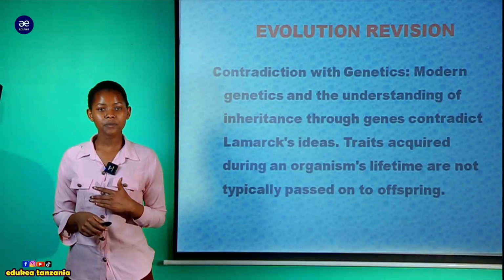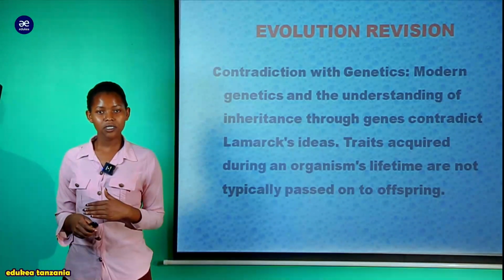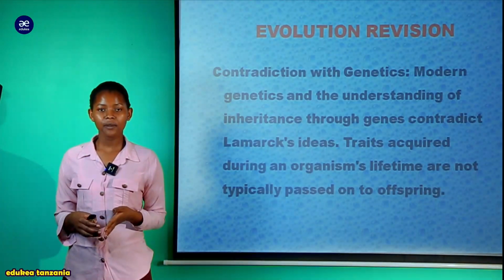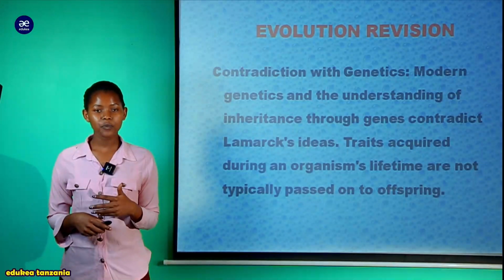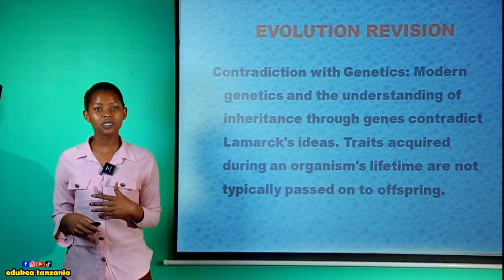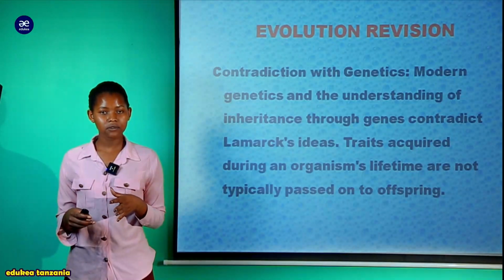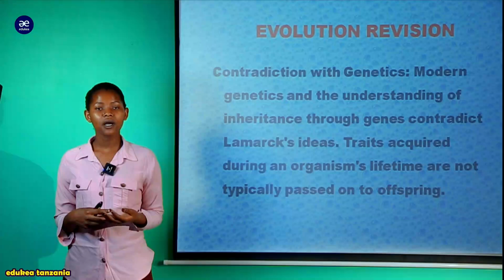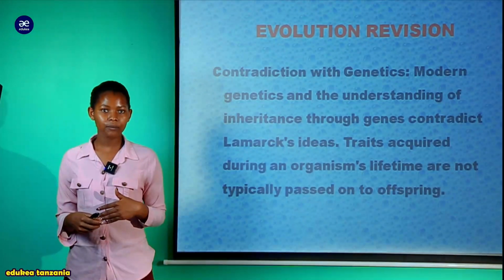Because Lamarck explained that when an organism acquires a certain trait somatically during its lifetime, that organism can pass that trait to the offspring. Even if the trait is acquired, for instance, if you lost your arm, according to Lamarck, you will have a baby lacking an arm.